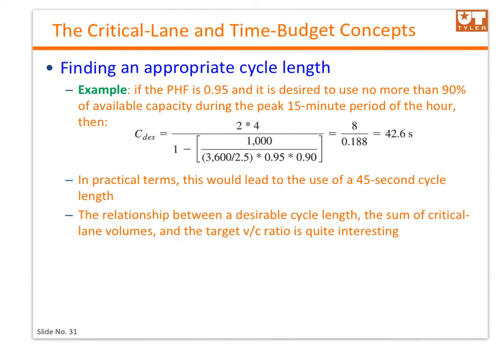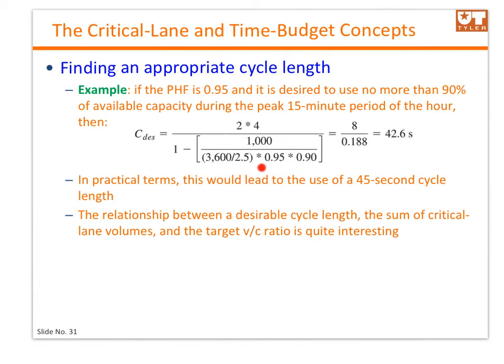If the peak hour factor, based on the previous example we're building on, is 0.95, and it is desired to use no more than 90% of the available capacity during the peak 15 minutes period of the hour, then C desirable is going to be equal to 2 times 4, 2 phases times 4 seconds lost per phase, over 1 minus 1000 over 3600 over 2.5, the saturation headway.